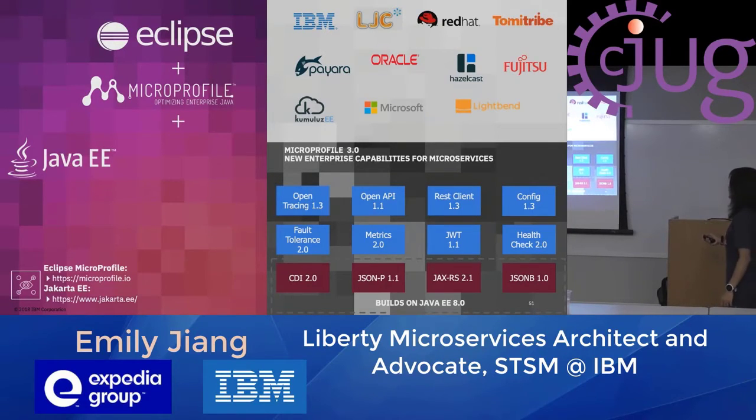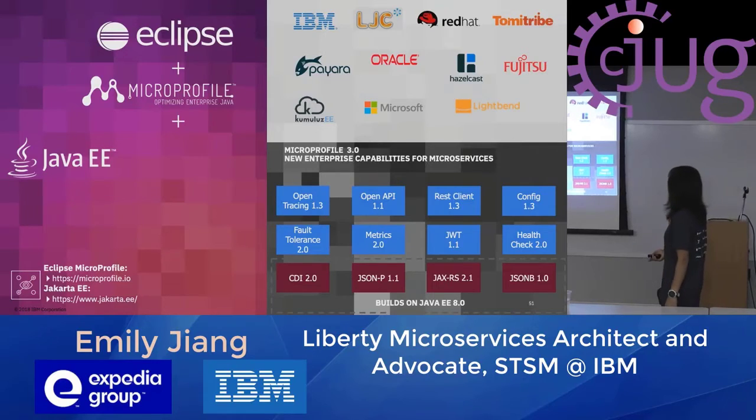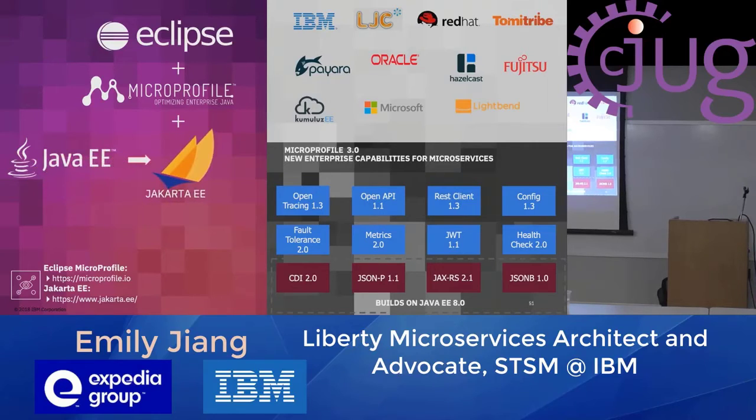So here is MicroProfile and then Jakarta EE coming together. They are complementary to each other, and there's a lot of community behind both efforts. This is the latest MicroProfile 3, so you have all these 8 specifications. This is from Java EE, now Jakarta EE.